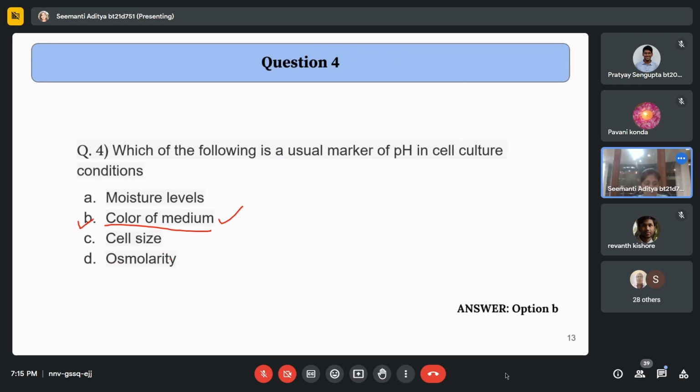So metabolically active cells quickly turn from red to yellow. But we have to optimize it so that it does not grow at a very fast pace, and we can get some time between two sets of cell cultures.